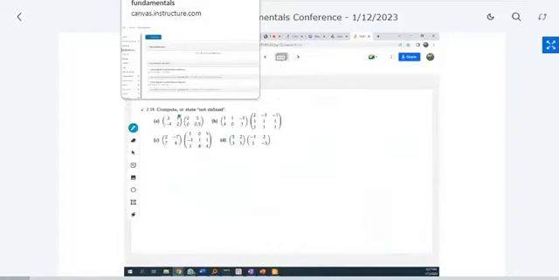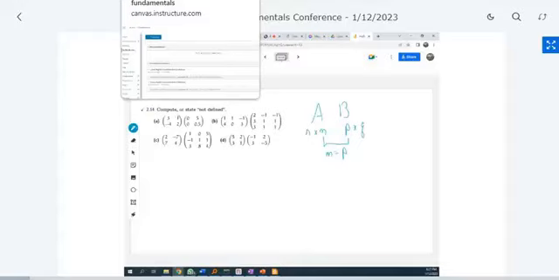Okay. All right. So here's matrix multiplication. Now, just remember that if you have a matrix A times B, then if A is n by m, and B is p by q, you must have m equal to p. That's the necessary condition.